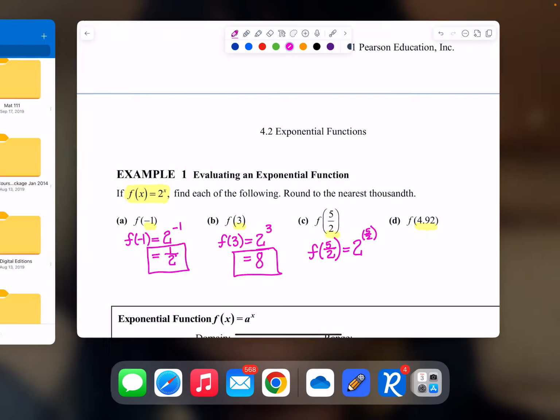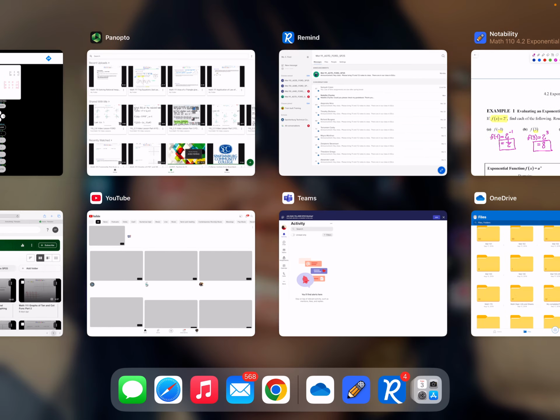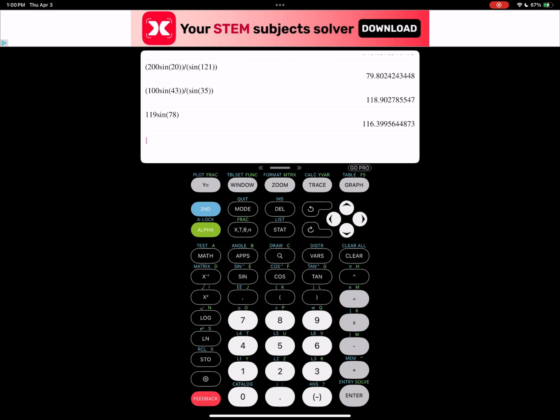Let me break out the calculator real quick so you can see me typing. I start off with 2. Remember my exponent key right here? If you're using an older calculator, this symbol will come up and then you can write your exponent. On my calculator, it moves the cursor to the exponent position so you can write it there.